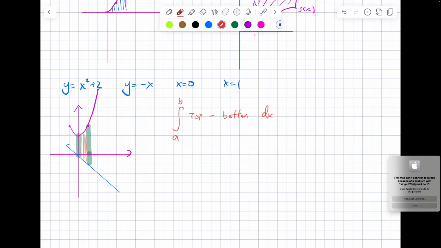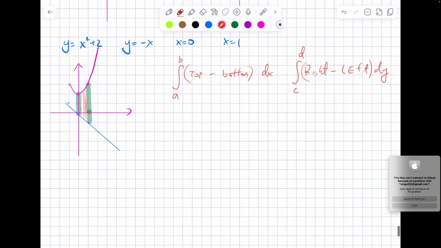If it's a horizontal orientation, then it's going to be c to d of right minus left dy. But for 90% of the cases, it's top minus bottom. Only in 10% of the cases I'm going to throw you a curveball, see if you can find it, and it's going to be right minus left.